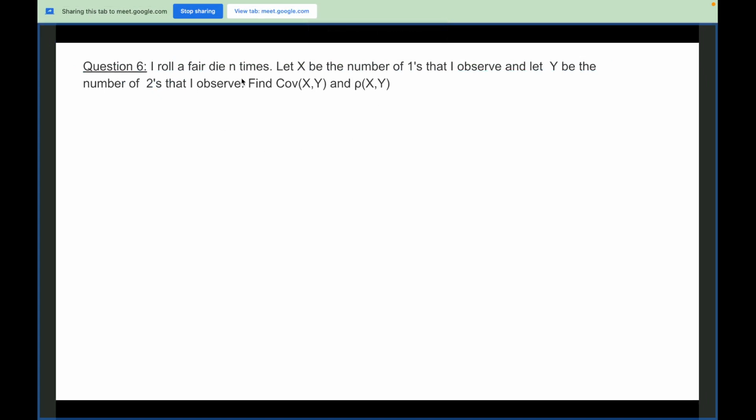We roll a fair die n times and let x be the number of ones that I observe and let y be the number of twos that I observe. Then I need to find the covariance of x comma y and the correlation between x comma y.